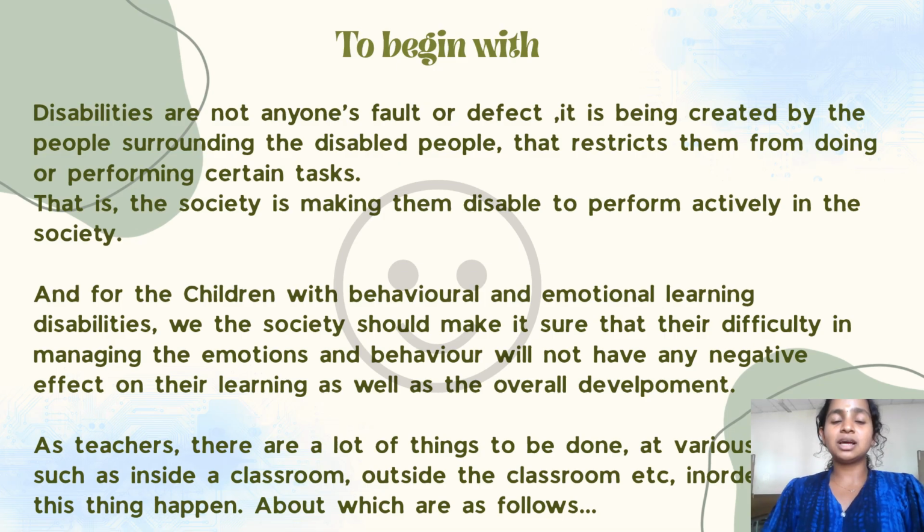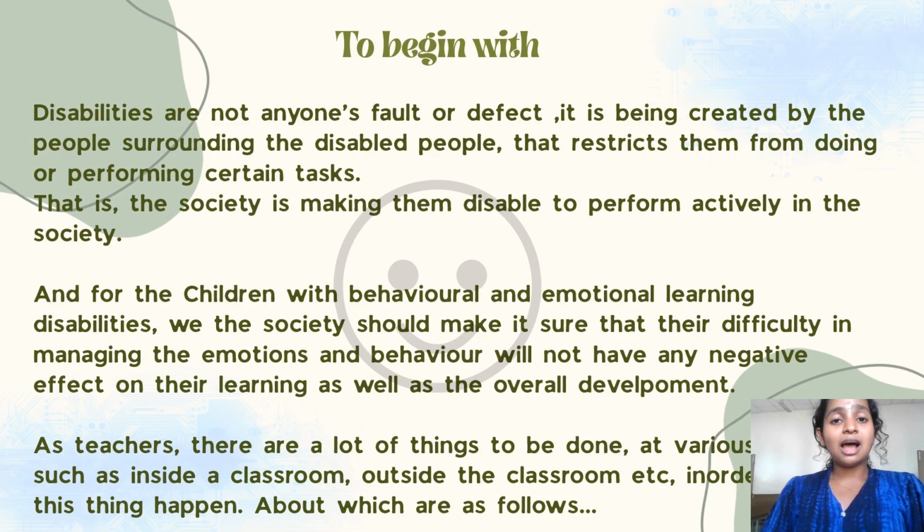It is the people surrounding the person that is making him disabled to do certain tasks or certain activities. That is, the society is making them disabled to perform actively in their daily activities. And especially for the children with behavioral and emotional learning disabilities, due to their lack of management of their behavior as well as emotion, they are being affected in their learning process.